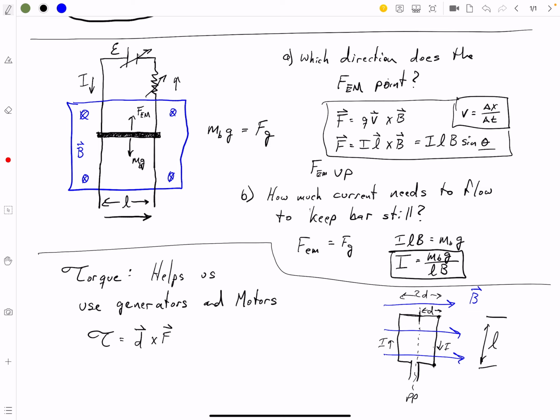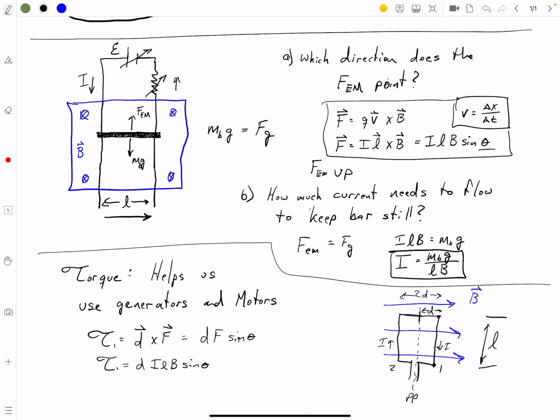Okay, so that's that. Now that ends up being dF sine theta. And we already found out what F was, ILB sine theta, so that gives us d I L B sine theta. Okay, that's the torque, but this isn't the total torque. This is just the torque on one side. We still have the second side.